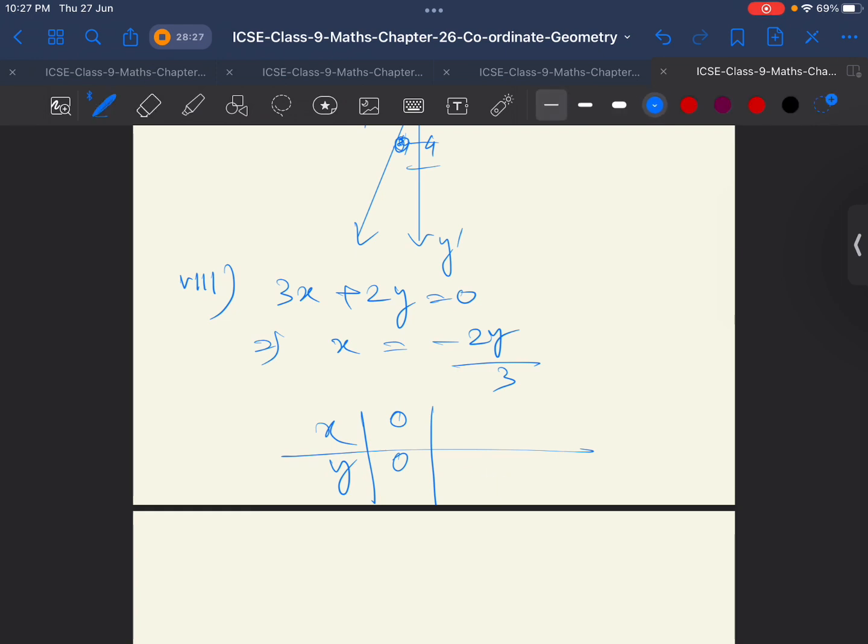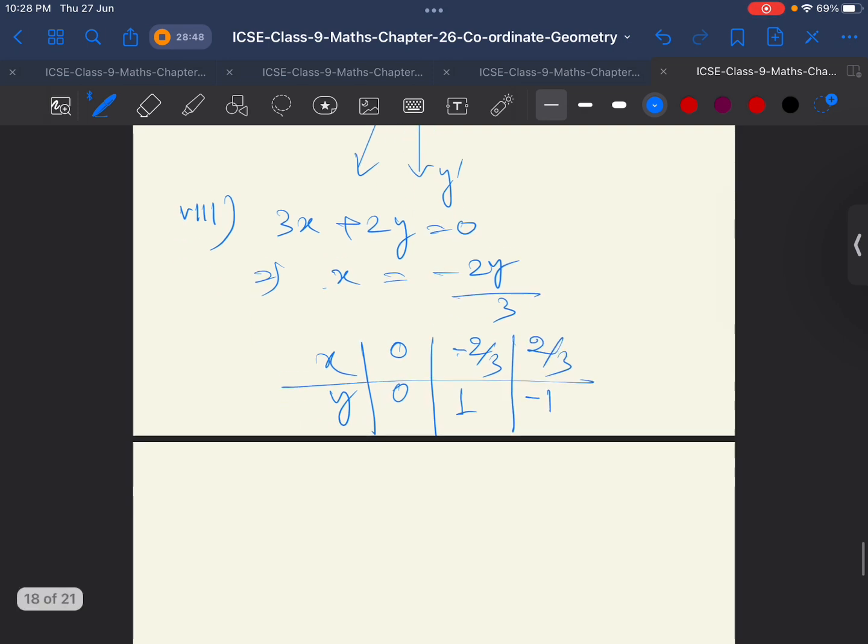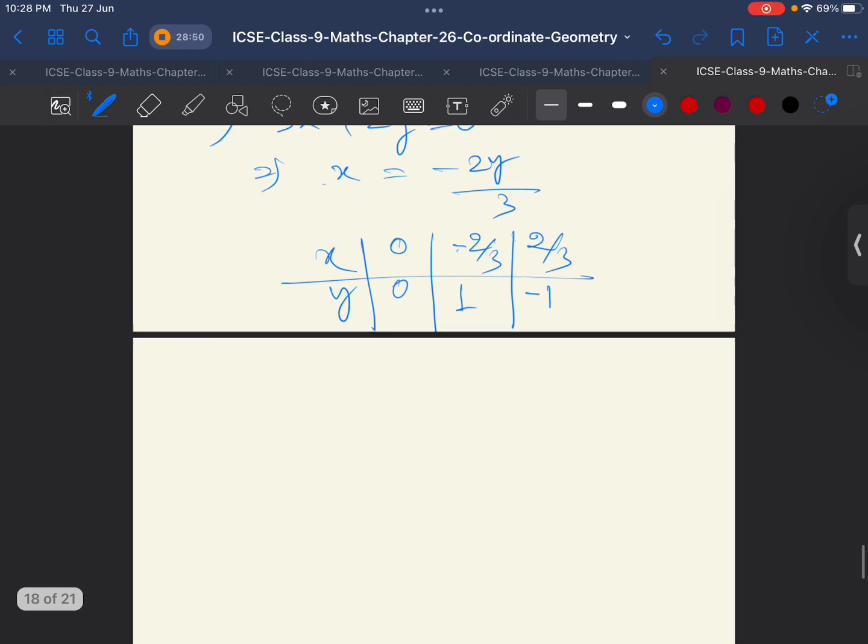If we take x as 1, then y is minus 3 by 2. Or if y is 1, then x is minus 2 by 3, and y minus 1, x is 2 by 3.